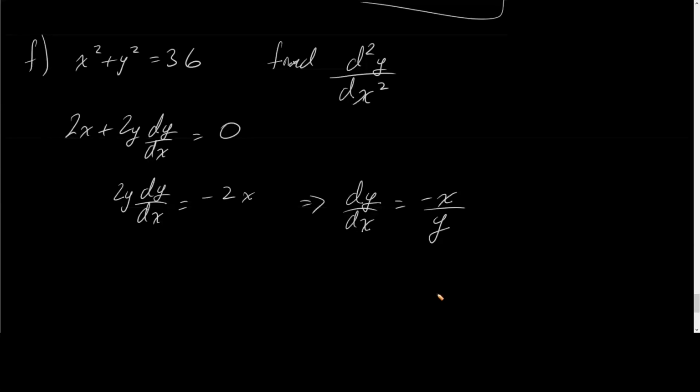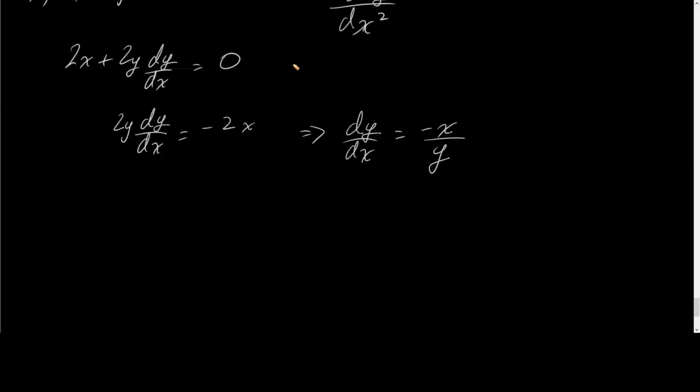Okay, but that was the first derivative. And the question was to find the second derivative, right? Well, in here, notice what we've got here. We've got the quotient of two different functions. So we need to use the quotient rule, all right? And when we do this, we need to make sure that we apply implicit differentiation to the bottom.